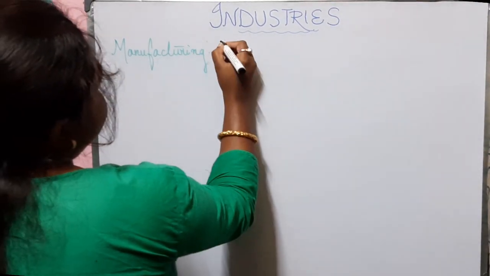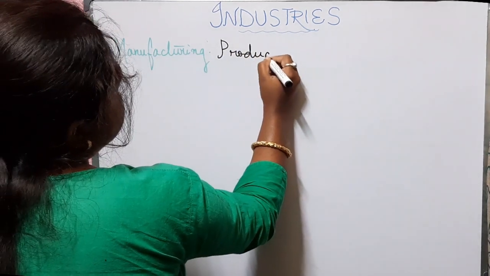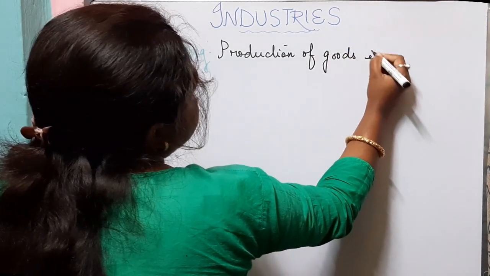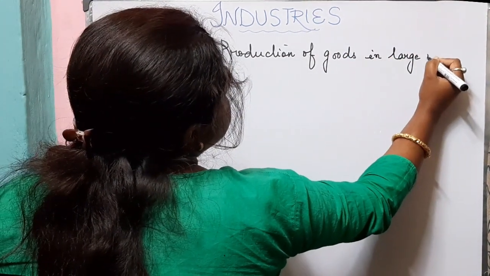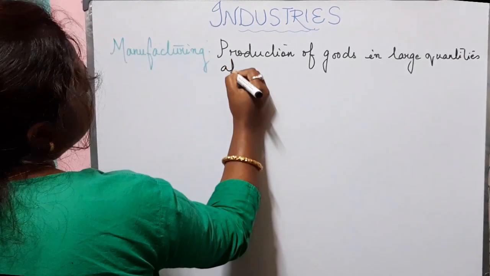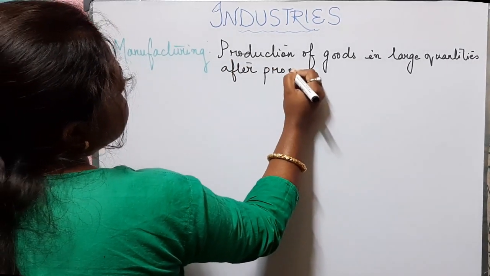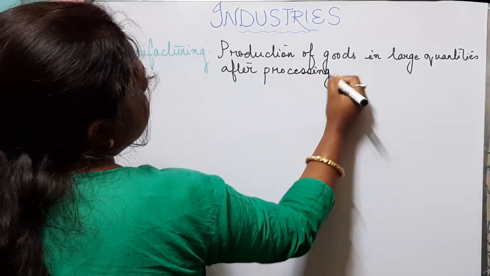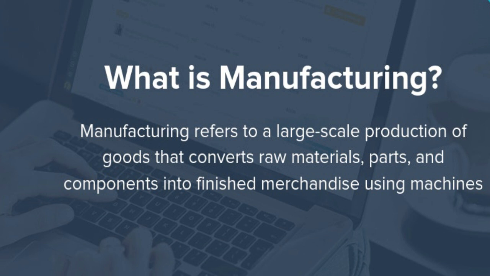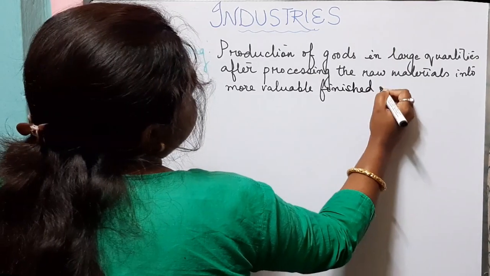Manufacturing is referred to as the production of goods in large quantities after processing the raw materials into more valuable finished products.